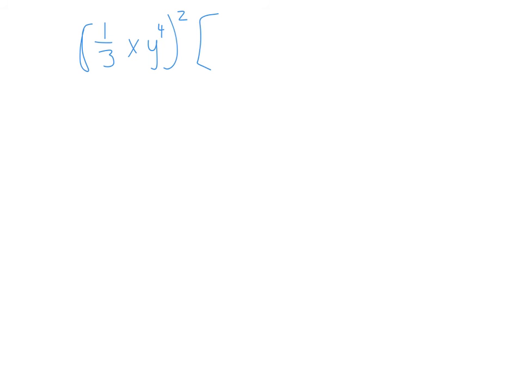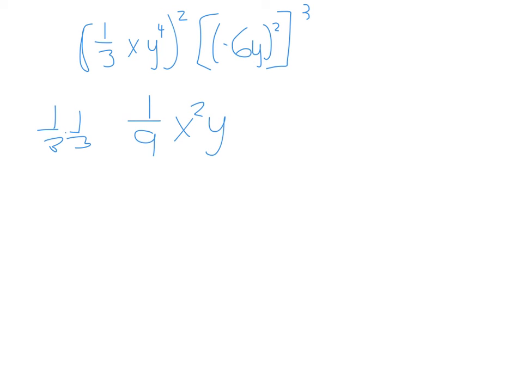Then braces, and inside the braces are parentheses, negative 6 y, that's going to go to the second power, and then all of that in the braces will go to the third. So I'm going to start by squaring. 1/3 times 1/3 is 1/9. X squared, y, I'm multiplying to the 8th.